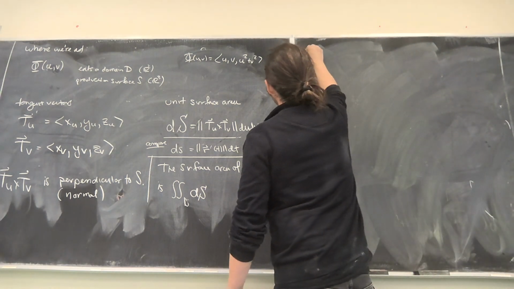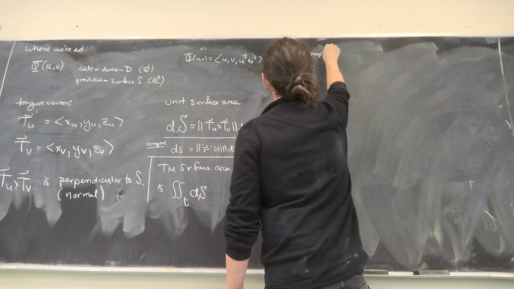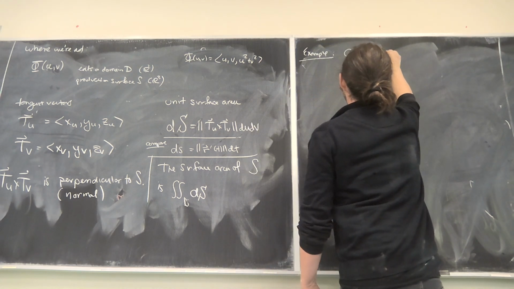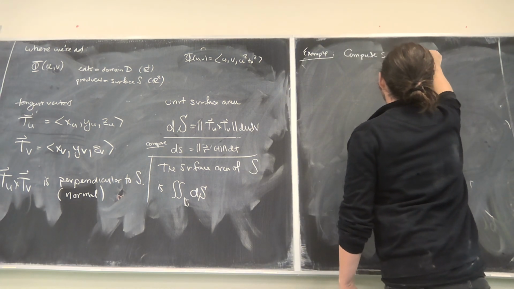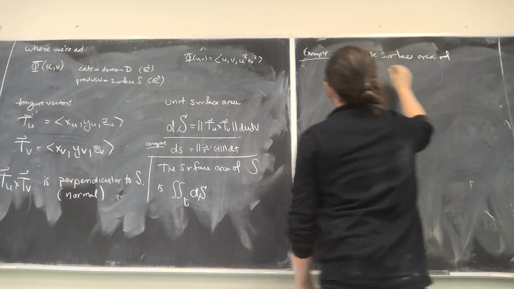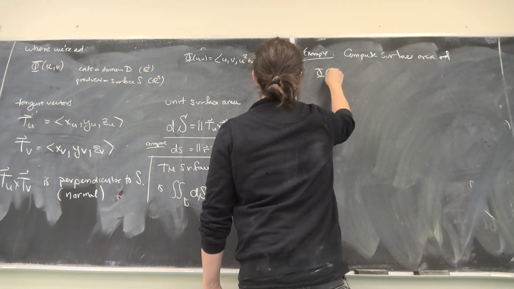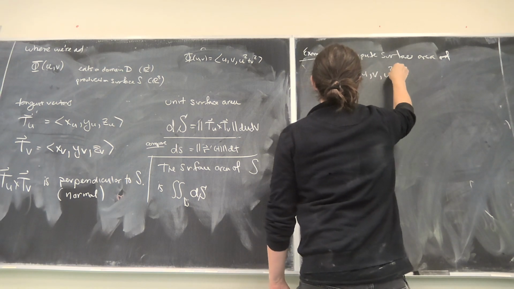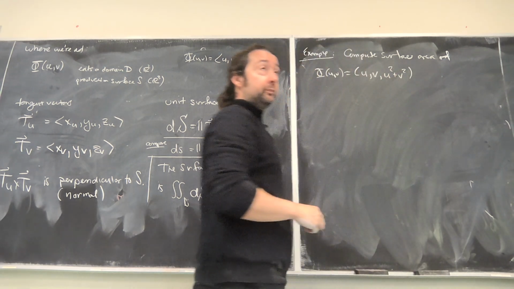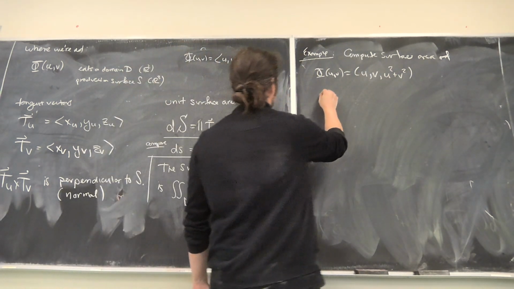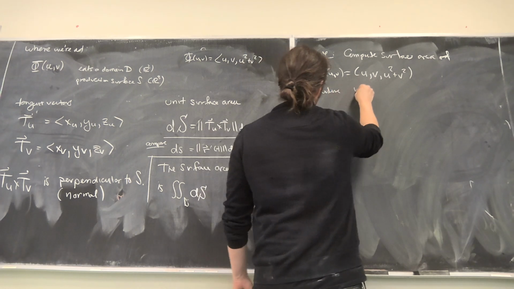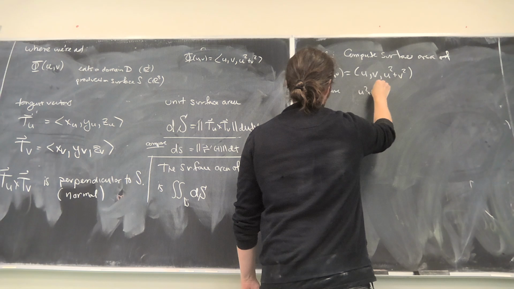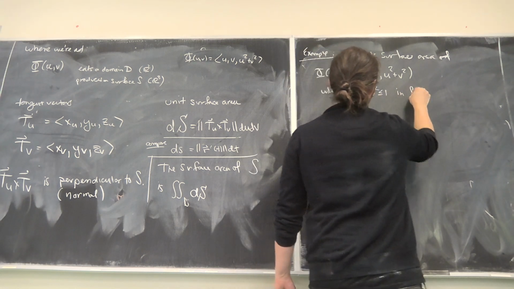So as an example, I could say compute the surface area of Phi of (u, v) equals (u, v, u squared plus v squared), where u squared plus v squared is less than or equal to 1 in the first quadrant.